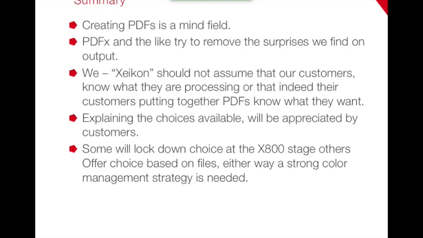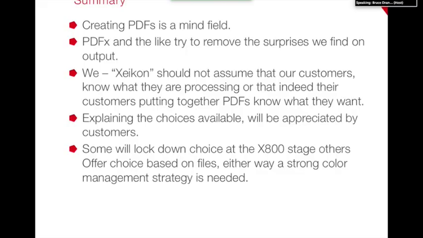So in summary, hopefully you've seen that now that creating PDF is a minefield. PDFX and the like, and people like Pass for Press, try to remove the surprises, and Perinta's also publish the way they would like PDF supplied.